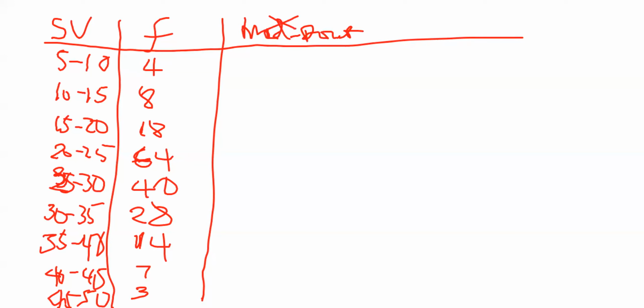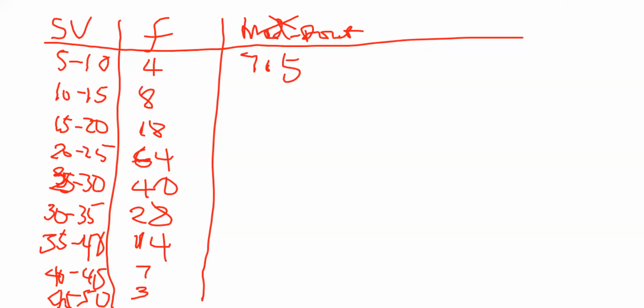When they say midpoint, remember 5 to 10: 5 is the lower class boundary and 10 is the upper class boundary. We are going to do a simple mean. 5 plus 10 is 15, Abi. 15 divided by 2 is 7.5.